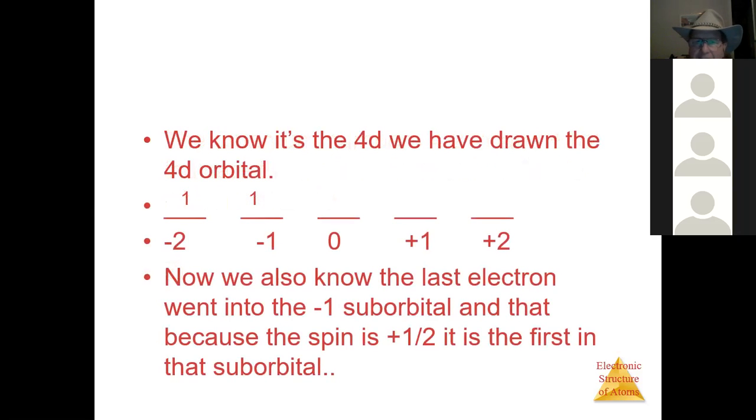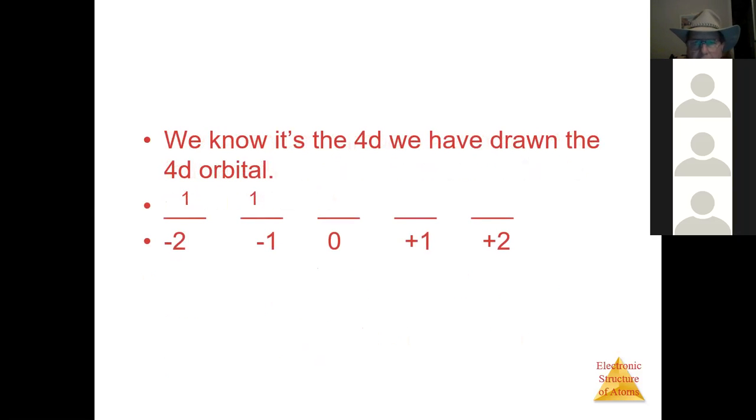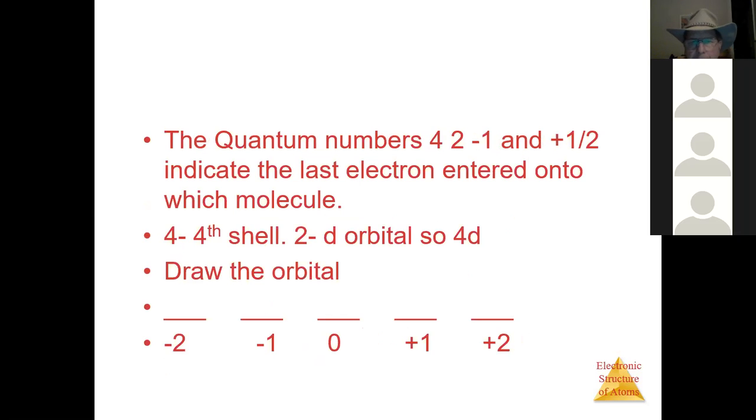Again, the way I did this, I'll go through the slides. I know it's in the 4th shell. I know the 2 dictates it's the d orbital, so I draw them out. Guys, I'm lazy. I don't like to draw boxes, I just draw lines.